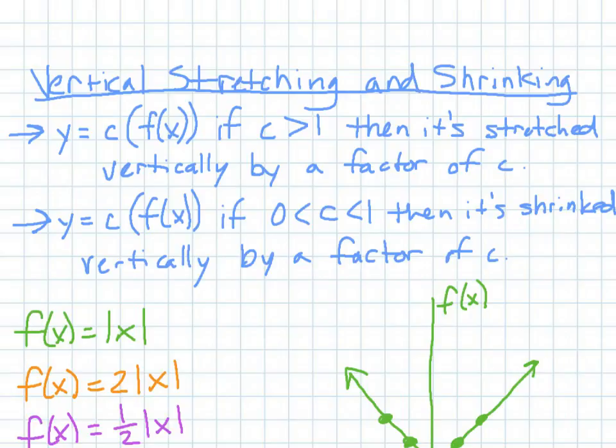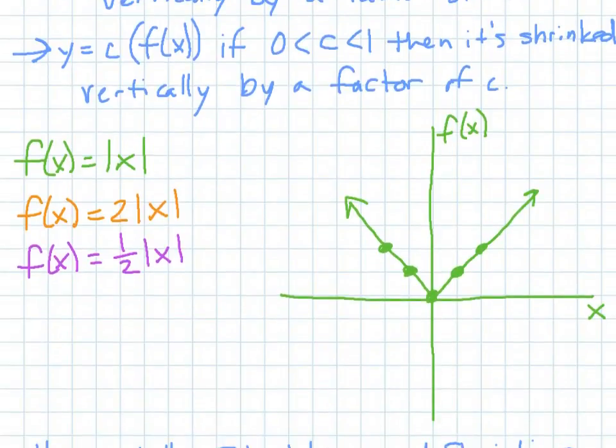So if this value of c, let's call it, is greater than 1, then that means it's stretched vertically by a factor of c. Okay? That means it's pulling it like towards infinity and kind of stretching it that way. Okay? If it's in between 0 and 1, then that means it's shrinking, so it's pushing it closer to the x-axis instead of pulling it away from the x-axis.